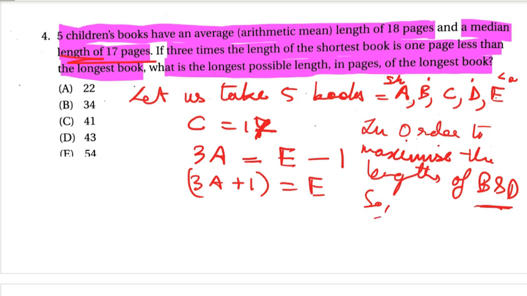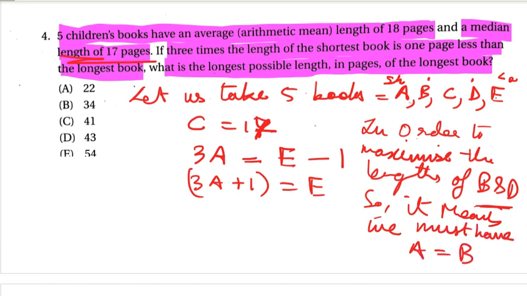So it means we must have A equal to B. The two shortest ones have to be equal. Then we will be able to maximize the lengths of B and D. So now what do we have over here?